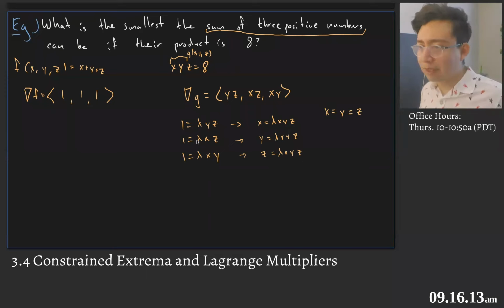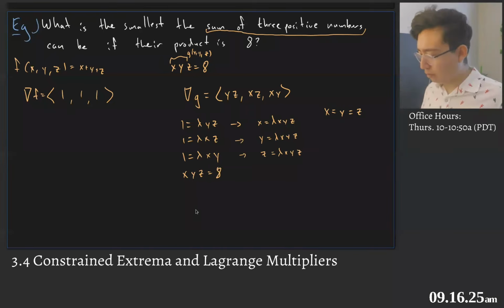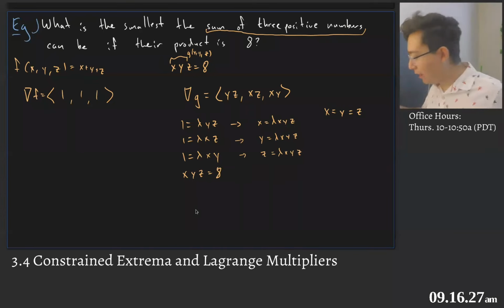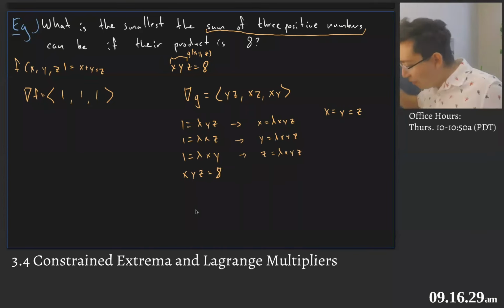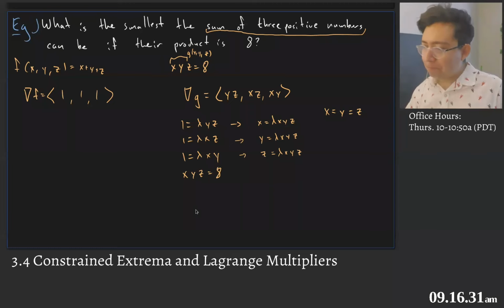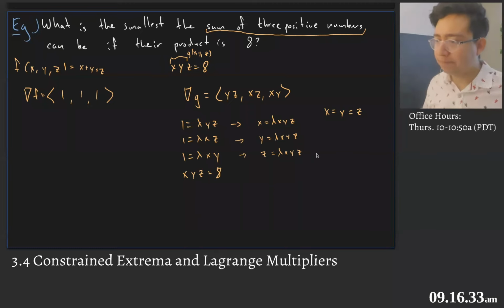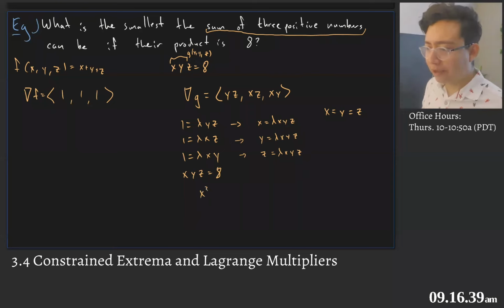Okay. And so remember I have a third equation here, which is that xyz is equal to 8. Okay. Now I can plug this in over here. I get x cubed equals 8, right?